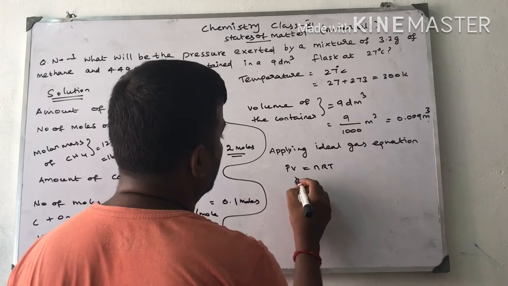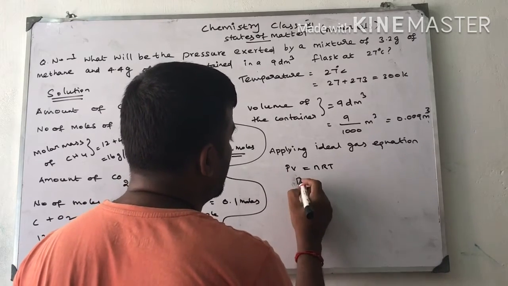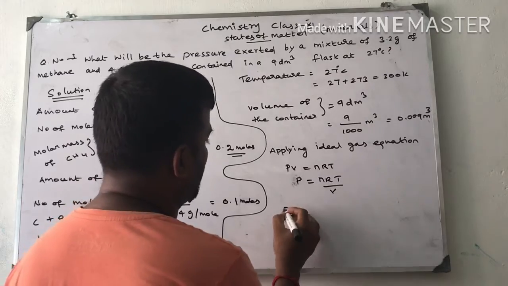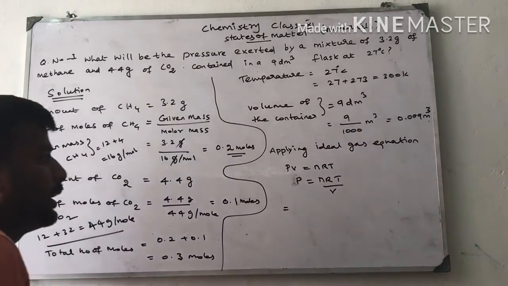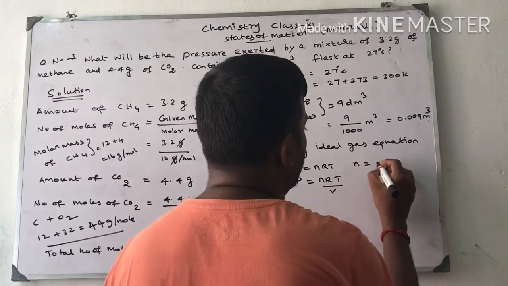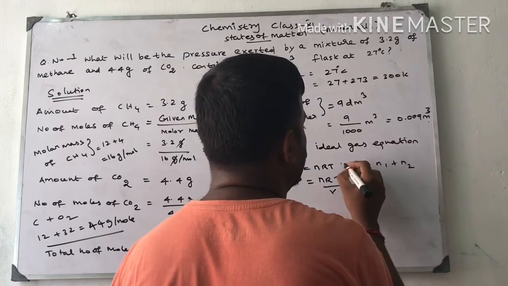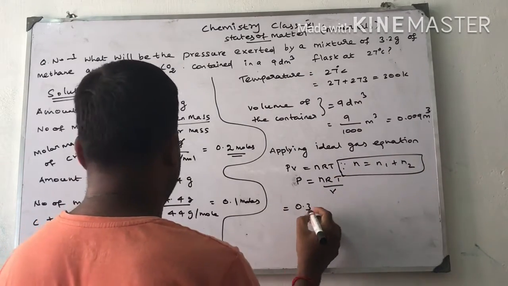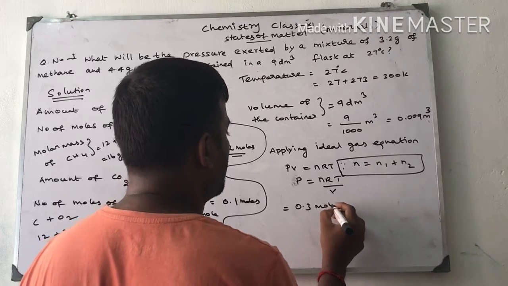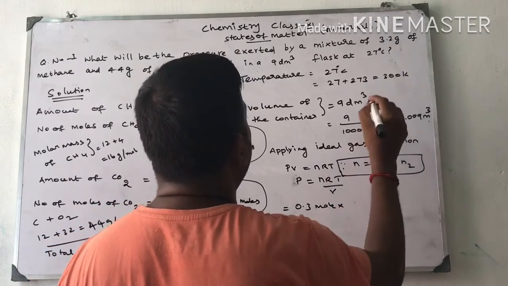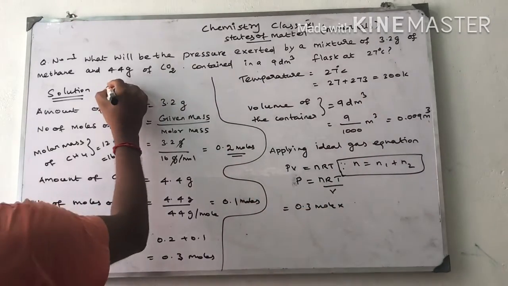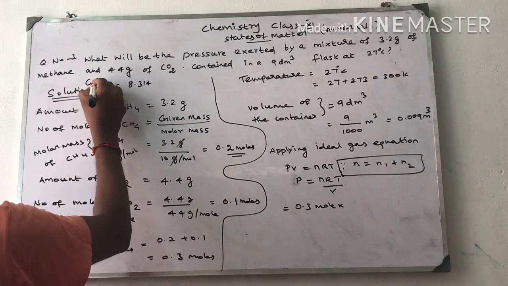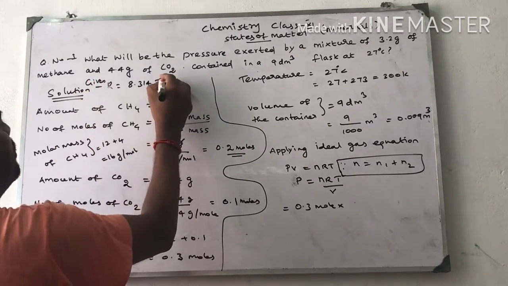So P is equal to nRT by V. Substitute all the values. n we have already found, n is equal to n1 plus n2. Total value is 0.3 moles into R. We know that R is equal to 8.314, given in the question itself, joule per Kelvin.